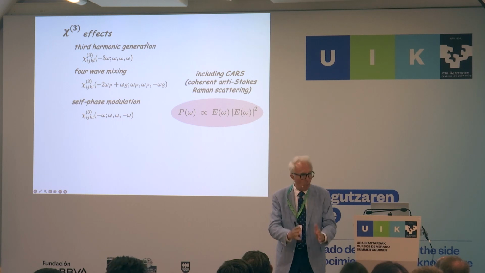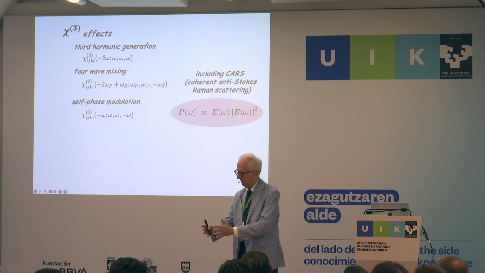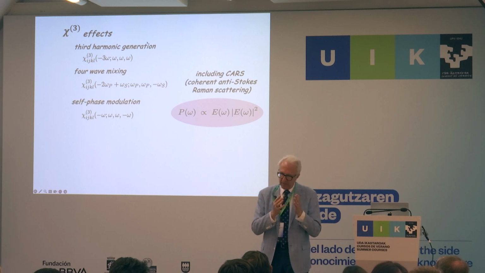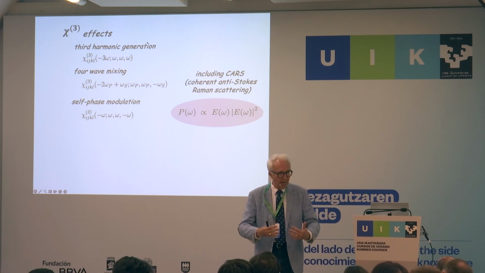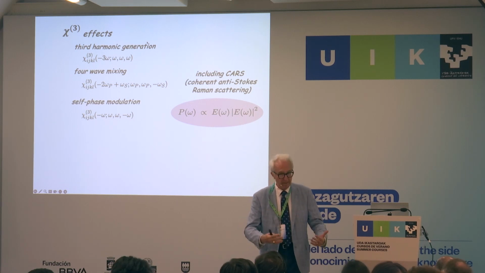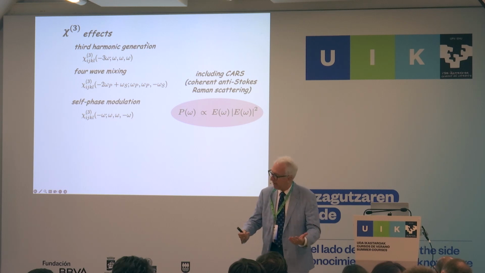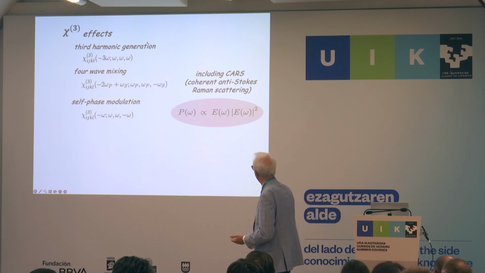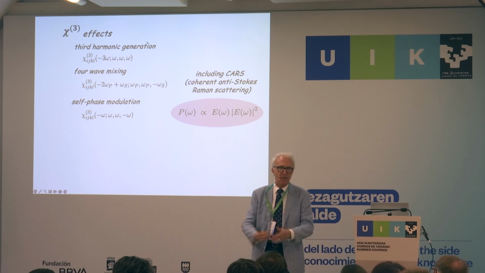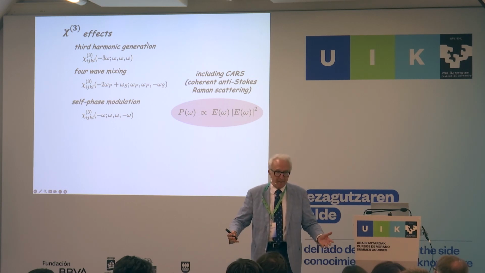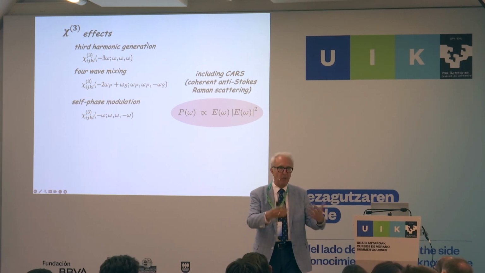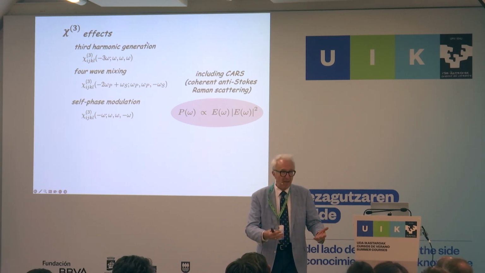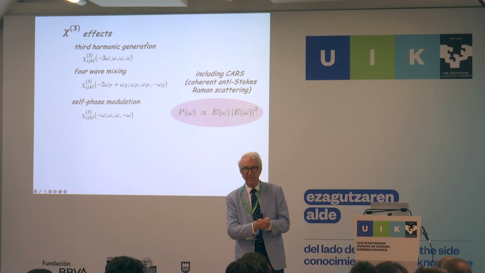You know, I've talked about chi1, chi2, chi3. Okay? But that doesn't mean that the propagation of the electromagnetic fields can be described in a perturbation way. You might think, well, I have this term, it's small, so I solve Maxwell's equations without it. I take that as my 0th order approximation, then I go in and I find a little correction. Okay? And that, in general, will give you nonsense.